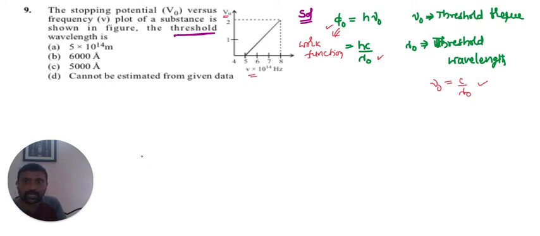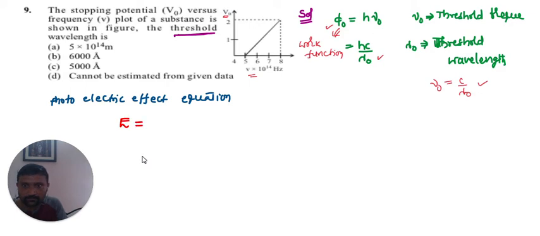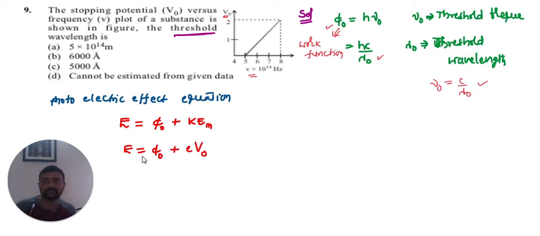So again I move to the equation of photoelectric effect: E equals phi naught plus KE max. This can be rewritten as E equals phi naught plus eV naught.